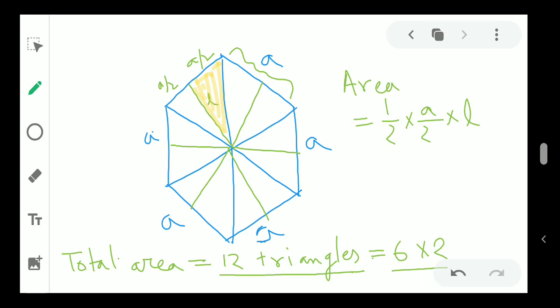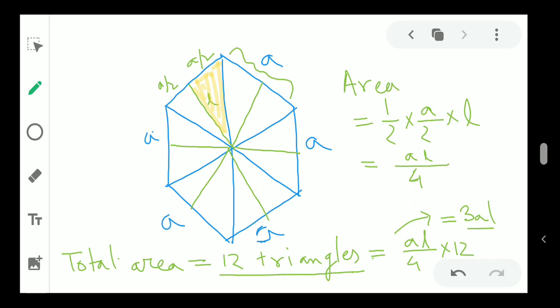So the area is half into A into L. So this we will get as AL by 4. So the total area of all the triangles will be AL by 4 into 12, and that will come to 3AL, right? So that will come to 3AL.